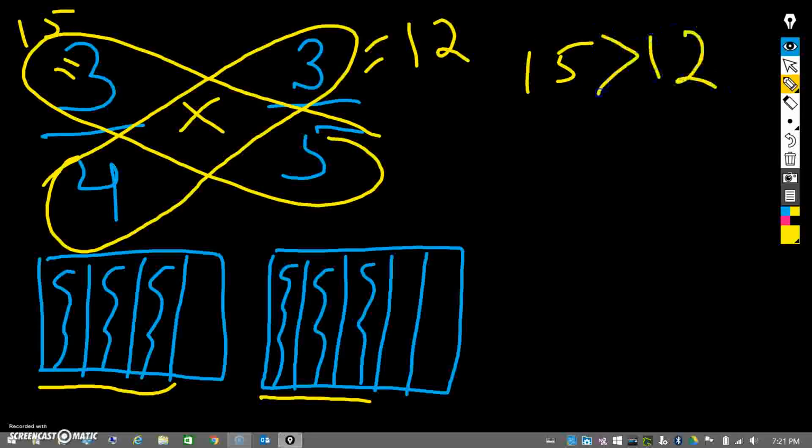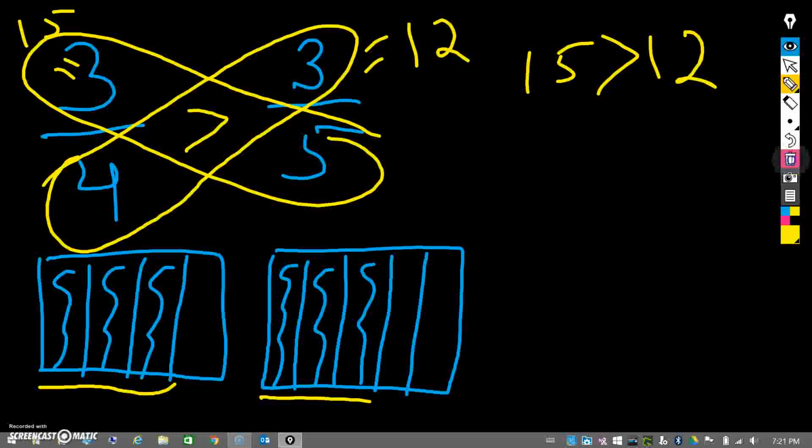Well, we know that 15 is bigger, so that means this fraction, 3/4, gets eaten. It's bigger. 3/4 is bigger than 3/5. Just remember, check your work. If you need to use a set model, an array model, or a number line to do your multiplication, that's fine. But it's an easy strategy to always get these right.